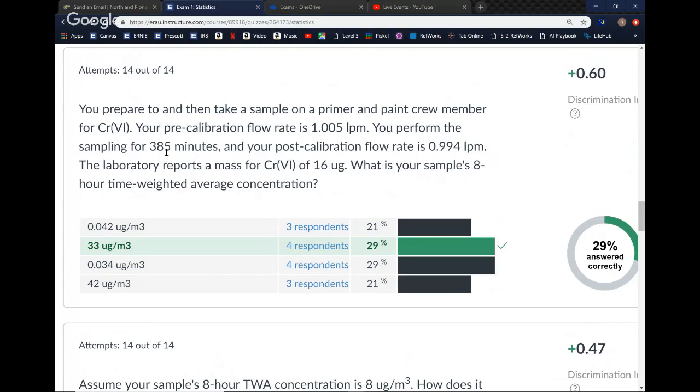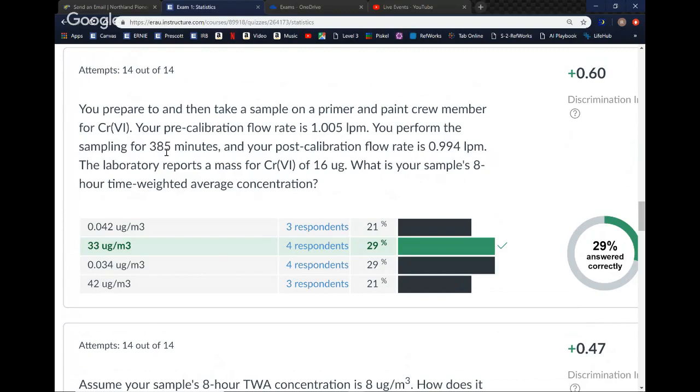And this is how I want it, a mass on top and a volume on bottom, but not in liters. I need it in cubic meters. So I'm going to convert that. So my liters cancel, and I'm just left with micrograms per cubic meter. We'll just leave it there for now because we see the answer options are in that.